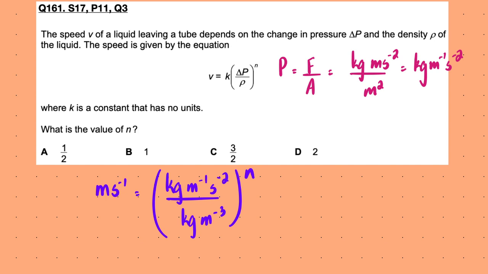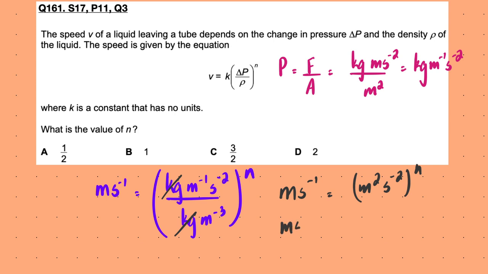So before going further, you need to simplify each of these sides. On the left hand side, there is no more simplification possible. Here these kg cancel out, and then you are left with the meter in the second square. When this goes up, this would become -1 minus -3, which makes this -1 plus 3, which is 2. So this becomes meter per second equals meter square per second square raised to the n.